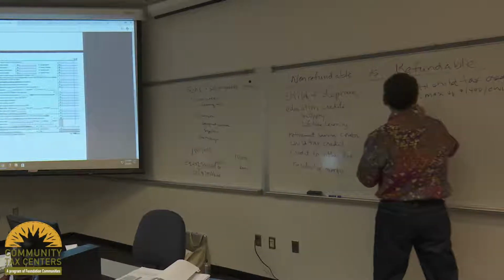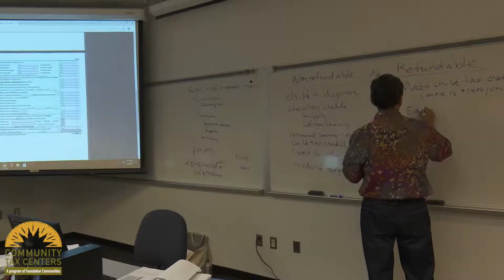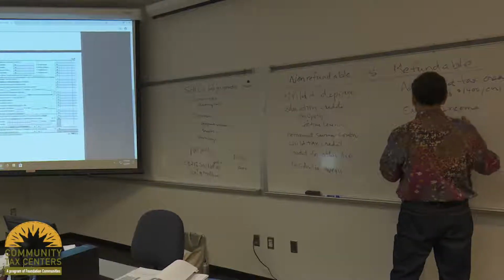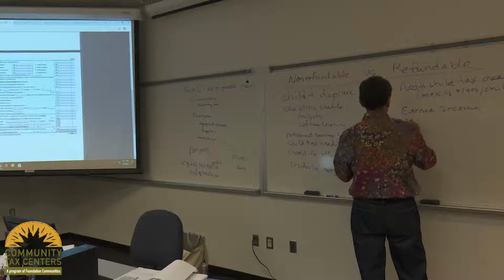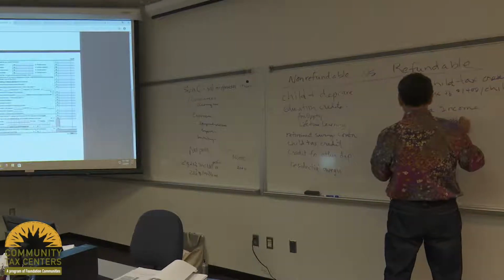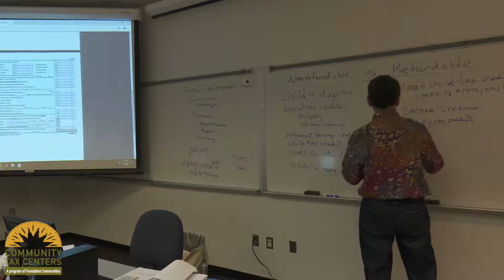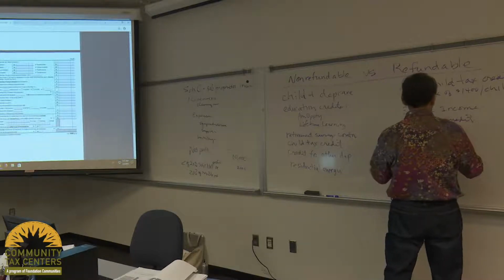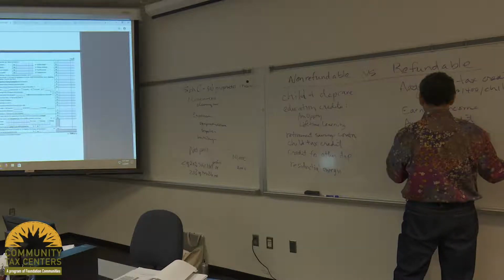And you've got earned income. This is the big one. And you've got the refundable portion of the American Opportunity Credit. And then the net premium tax credit, which is related to health care as well.